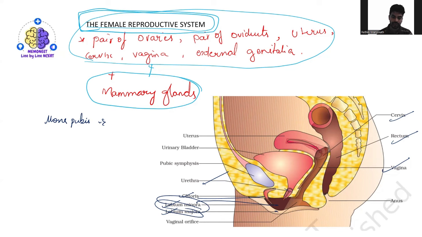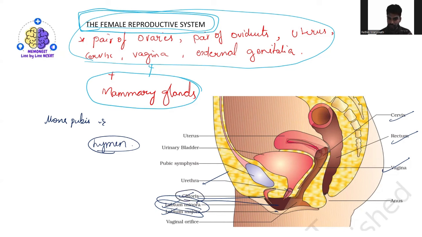The opening of the vagina is often covered by a membrane called the hymen membrane, which normally covers the vagina. The second thing is the clitoris region.